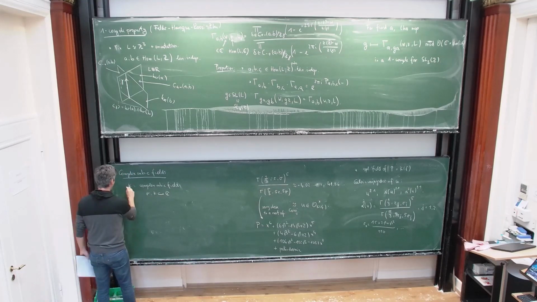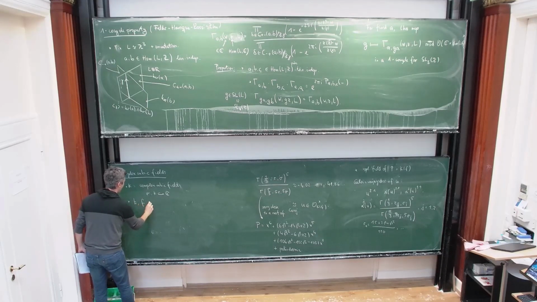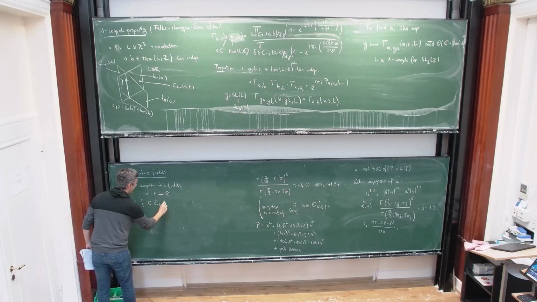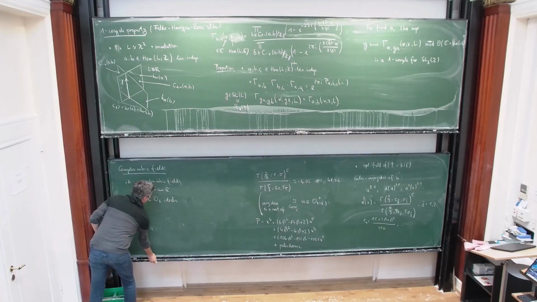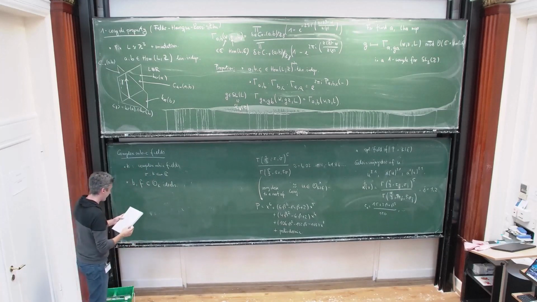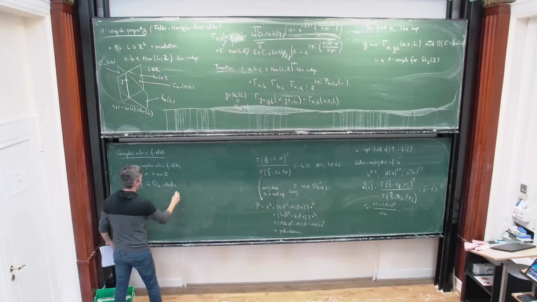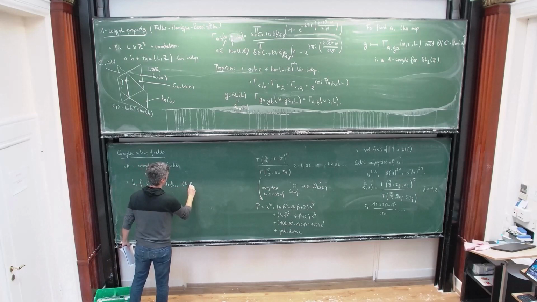And I'm also going to now fix some additional data. So I will take ideals P and F inside O_K, and I will take them to be co-prime.